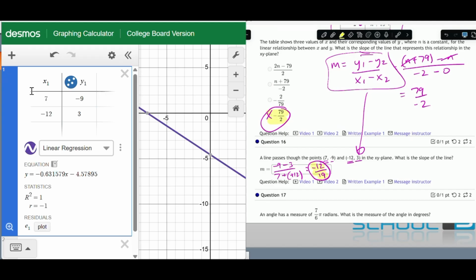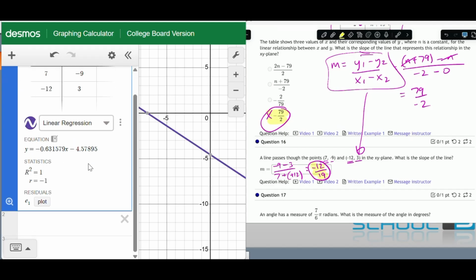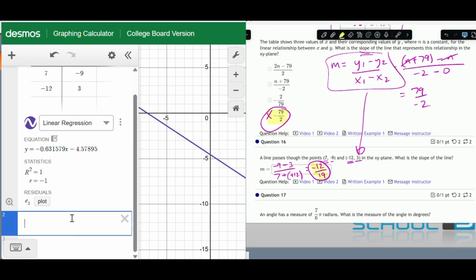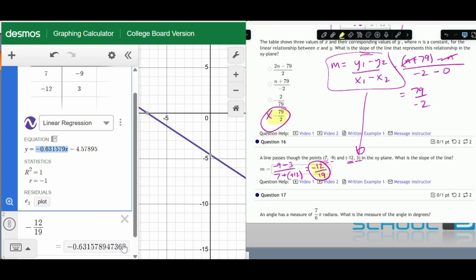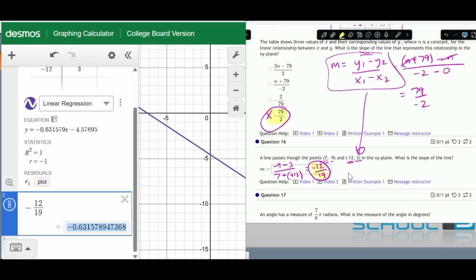So we have 2. If we just click linear regression right here, we get our answer, and that is the solution, -0.631579. That is equivalent to -12/19. If you have any doubts about that, -12/19, we can confirm that those are the exact same answers. Okay? So you could have put the decimal form there using Desmos as well.